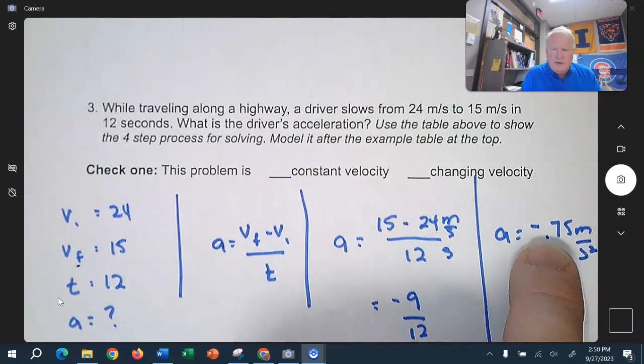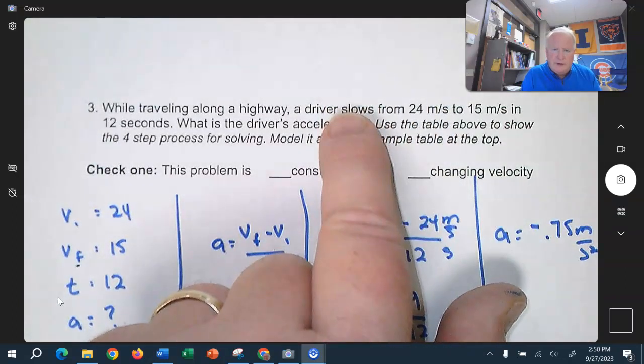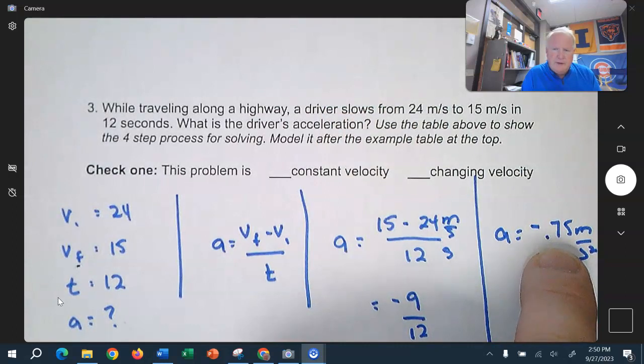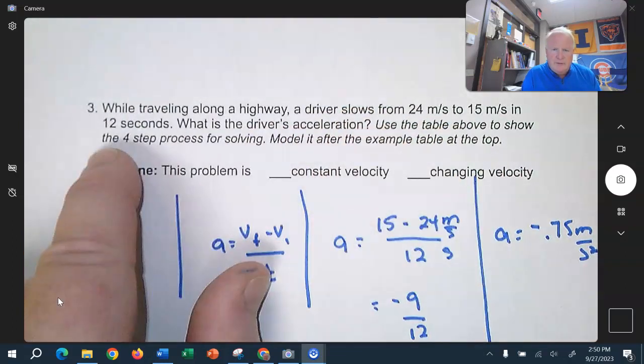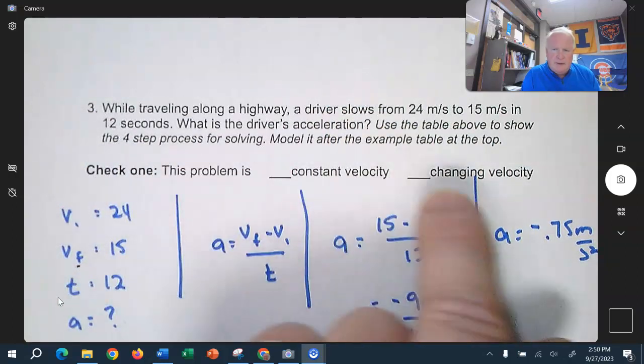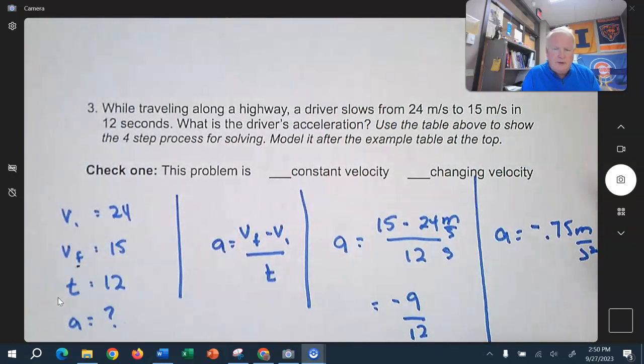Does a negative acceleration make sense? Well, they slow down, so that makes sense. And then does 0.75 make sense? Well, almost a meter per second for 12. We've only slowed down 9 in 12 seconds, so it should be a little bit less than 1 meter per second. So I'm in the ballpark. I'm pretty happy. I've got the right answer.